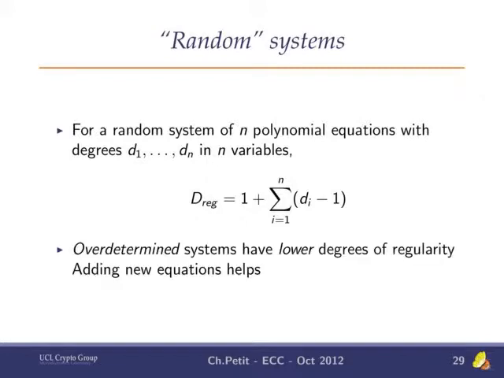Another thing that we know is that if you add more and more equations, the system becomes easier and easier to solve. So overdetermined systems have lower degrees of regularity. If you can model your system of equations in such a way that you have more equations, then usually it becomes easier to solve.